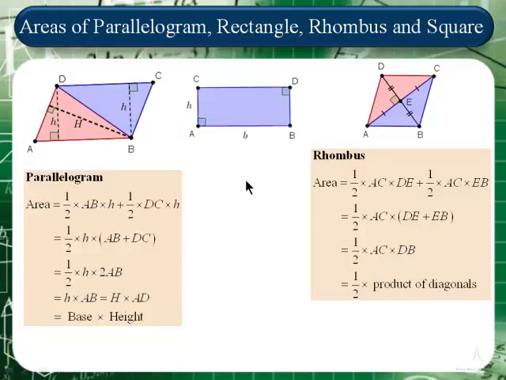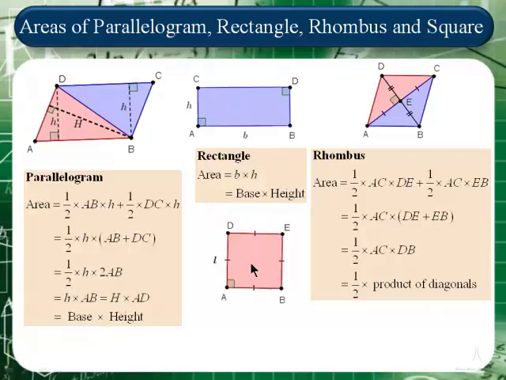If we come to the rectangle, I think we're all familiar with this. If you subdivide this into two triangles, then both these triangles will be right angle triangles. Each will have an area of half B times H, so the area is plain and simple base times height, which you can also deduce from the area of the parallelogram, because this is a parallelogram.